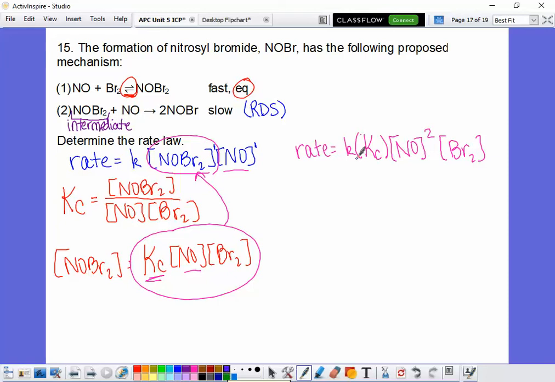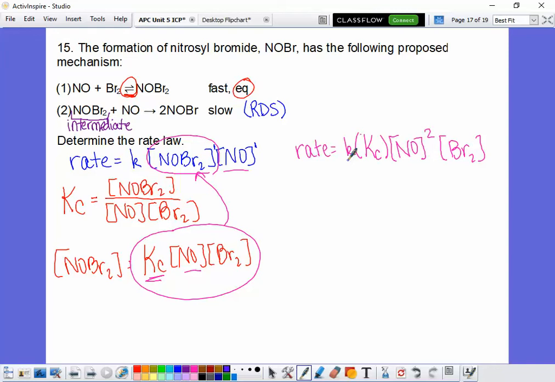What does little k stand for? The rate constant, yeah. What is Kc? The equilibrium constant. So we have a rate constant times an equilibrium constant. What is a constant times a constant?